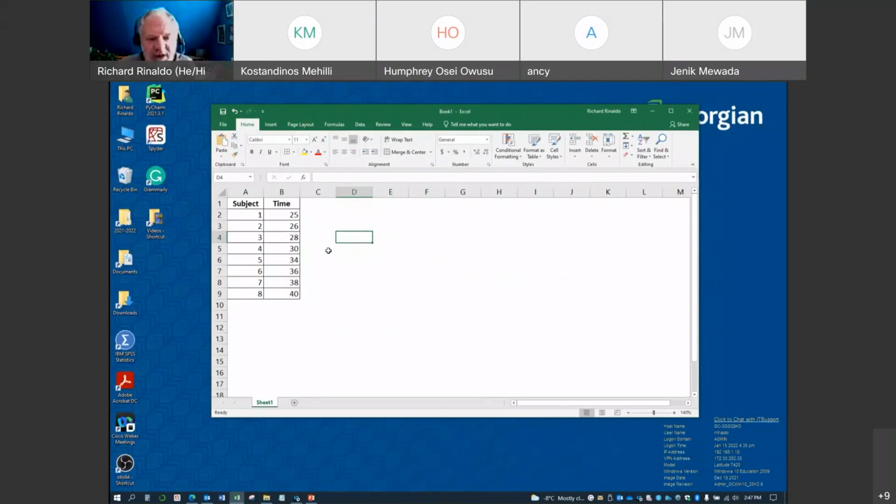Okay, so for the median, the median is a rank order measure, right? So I need the rank of each person, and I go from lowest to highest. So rank 1, 2, 3, 4, 5, 6, 7, 8.